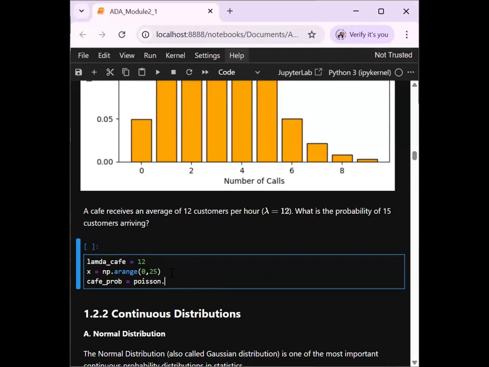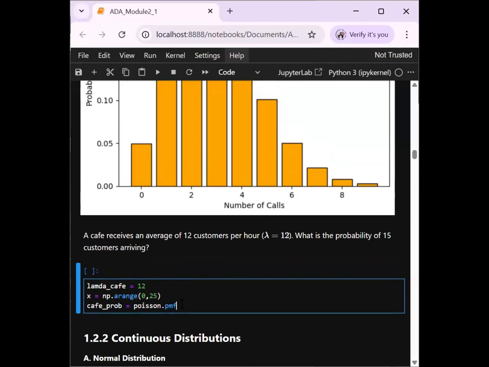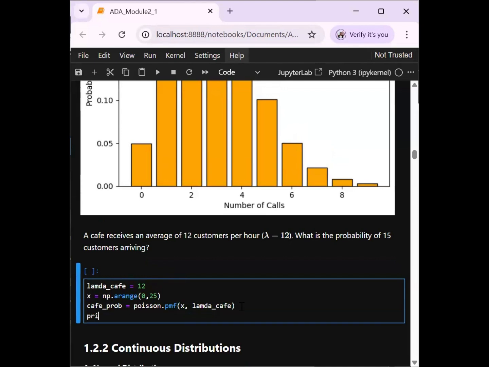Remember, since it's a discrete random variable, it will be PMF, and then we have our x and our lambda. I think that's good.